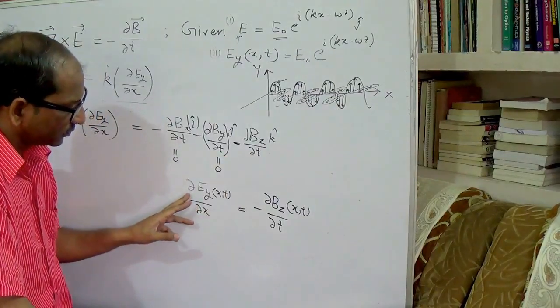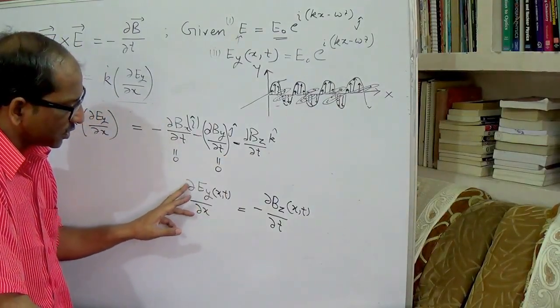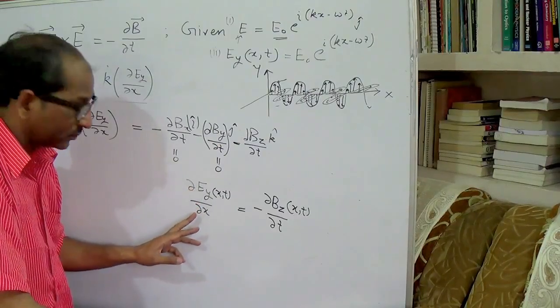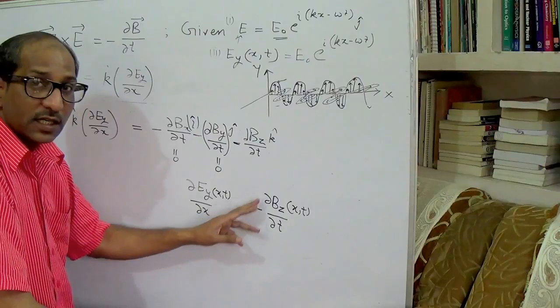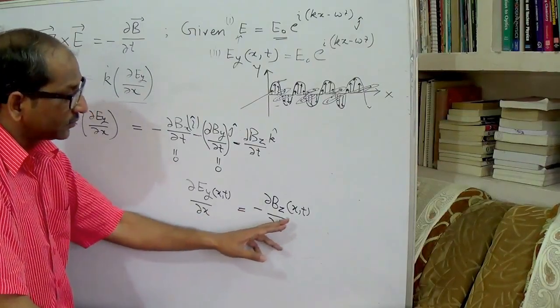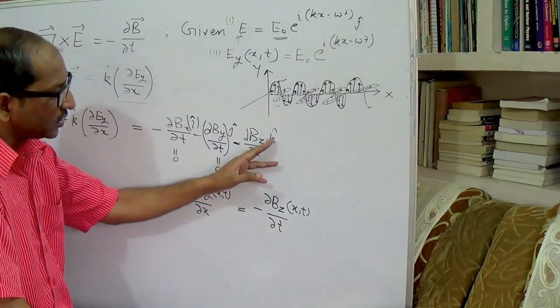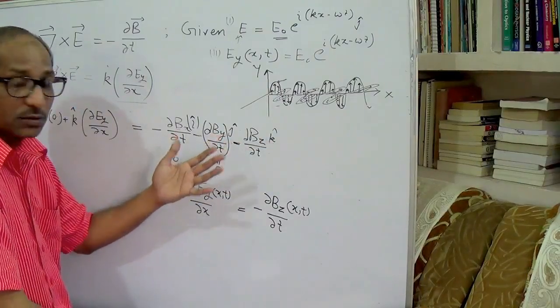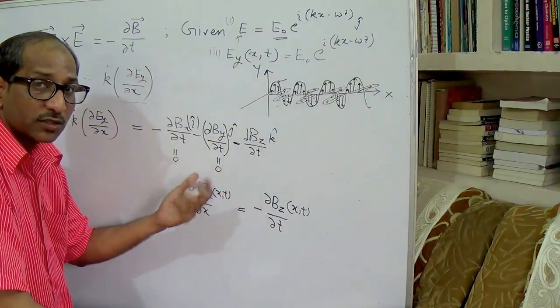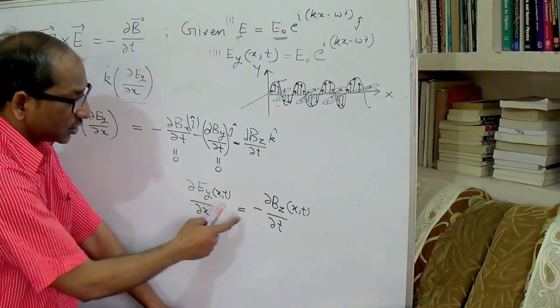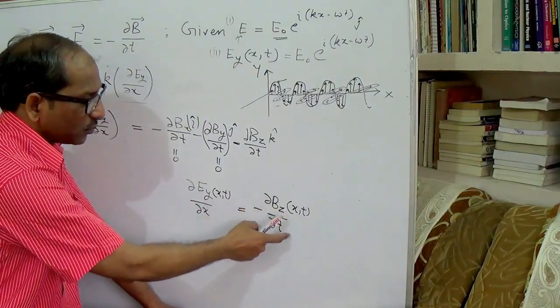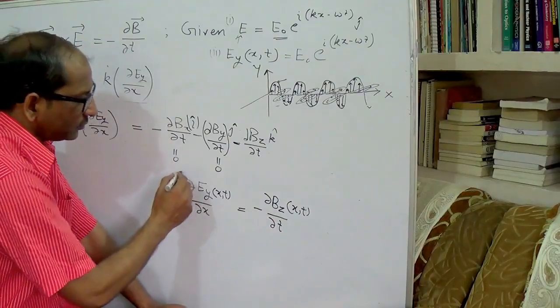because the wave is propagating along the x direction. So now I have the equation ∂Ey/∂x is equal to minus ∂Bz/∂t. There is no need to write these components because we have just compared the components only. So ∂Ey/∂x is equal to minus ∂Bz/∂t.